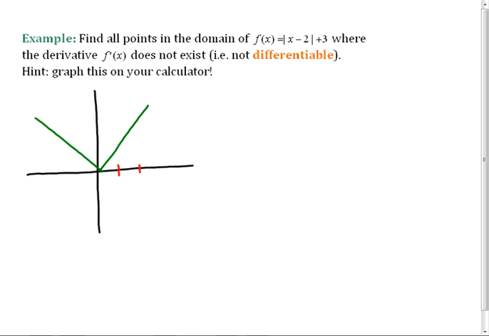How many places? I know it's Thursday, but you got another day to go. 2, right? So this is going to come over to 2, and then what's it going to do? Up 3. And when I look at that, I actually see that picture in my head because I've done so many of these. Okay, where does the derivative not exist? F prime of x does not exist.